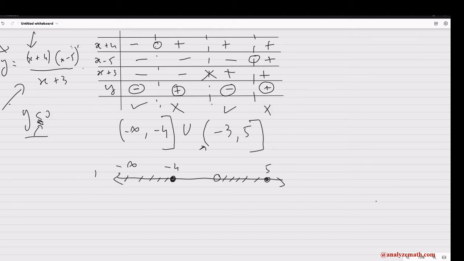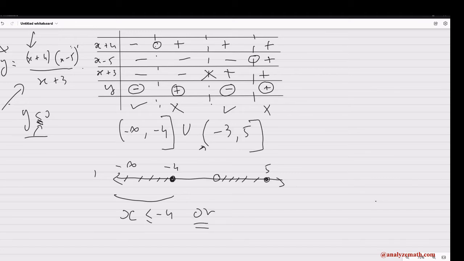And let's write it now using inequality symbols. So x less than or equal to minus 4, this side, or x greater than, so this is negative 3. So greater than negative 3 and less than or equal to 5.